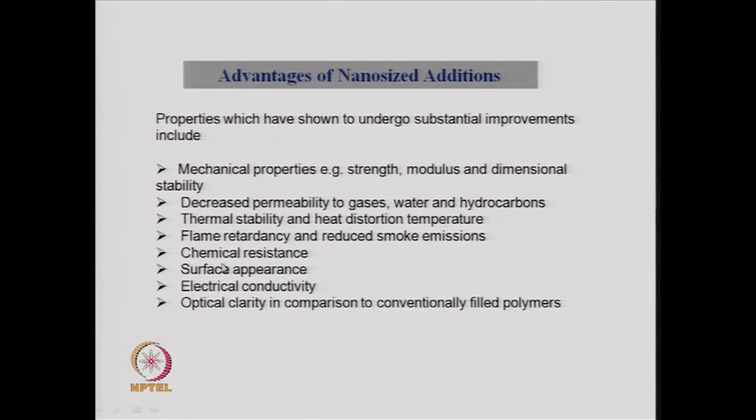You can design nanocomposites which are highly resistant to acids or alkalis. You can give a different finish to surfaces. This is especially important in the automobile industry, where they are coming up with newer and newer coatings on the surface of vehicles to give a very fine finish.